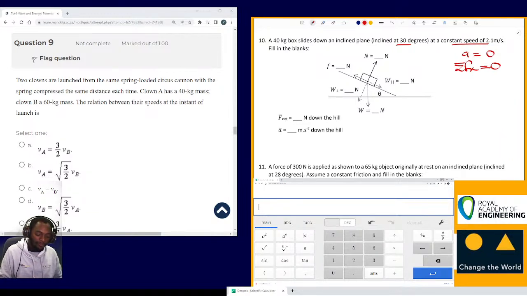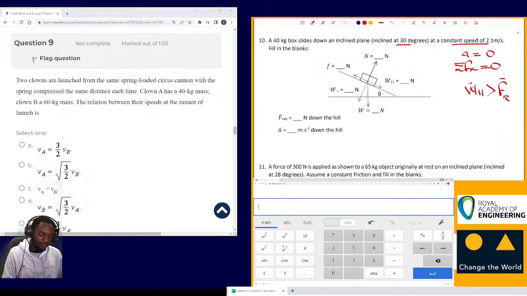Alright, so if it's moving down the slope, it means that the component of the weight should be greater than the frictional force. Right? That is what we observed earlier on. If it's sliding down, it means the component of the weight down the slope is greater than the frictional force.